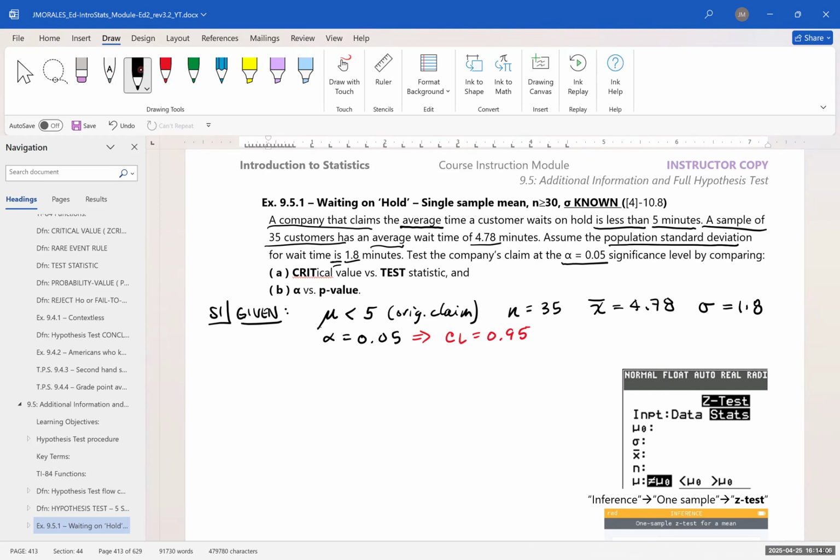So what we're dealing with here is one sample mean, and the population standard deviation is known. So that implies that we're going to be using a normal distribution. And since we're using a normal distribution, that's going to be using z-scores.